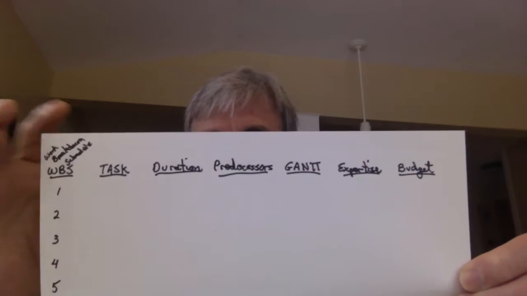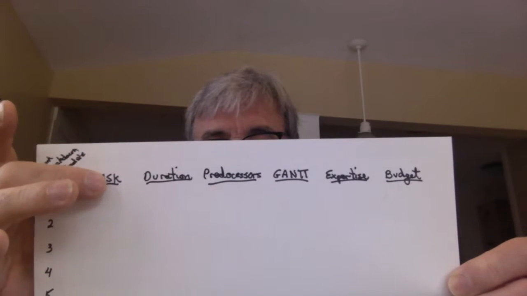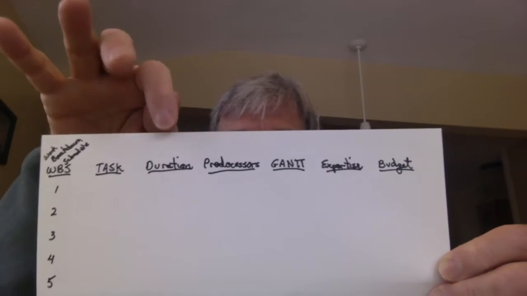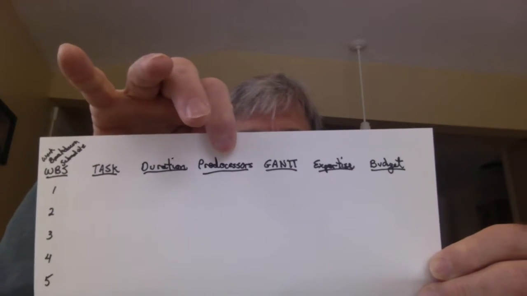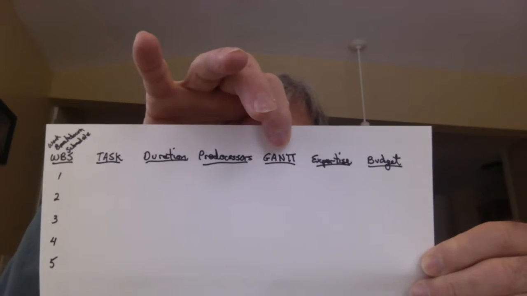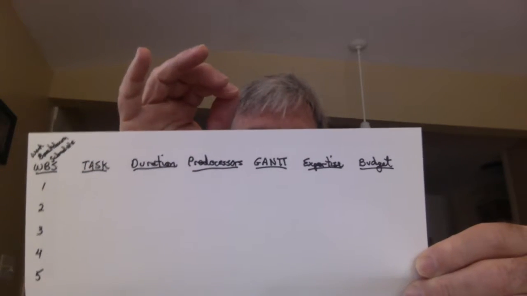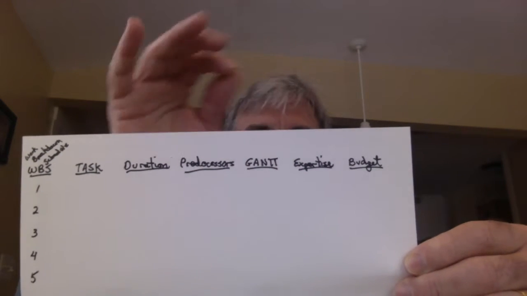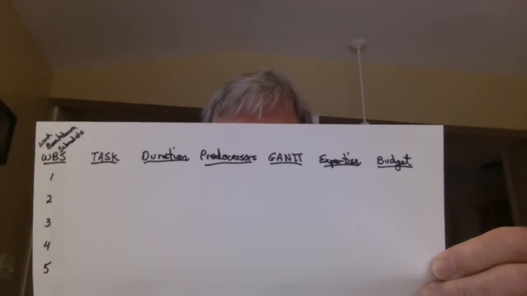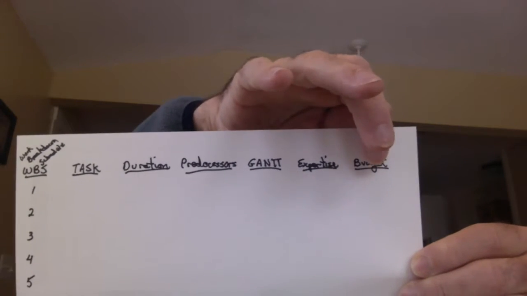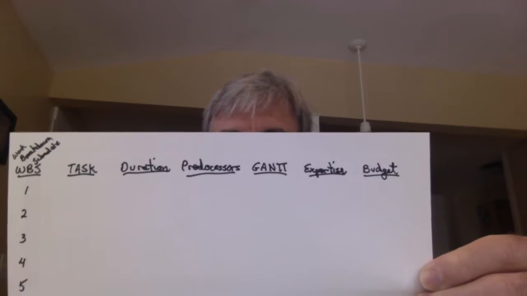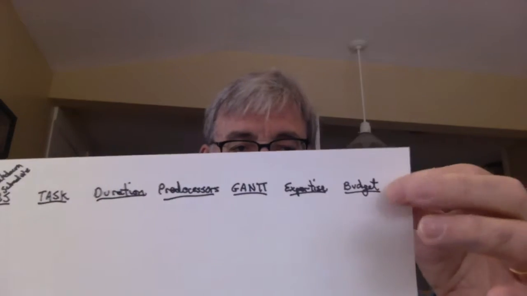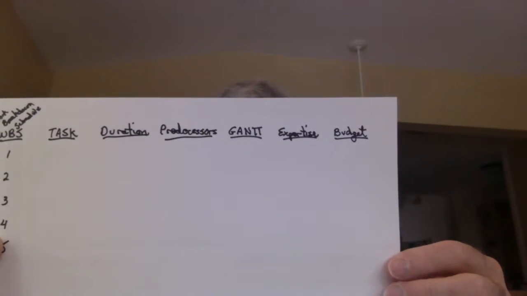Then we talk about the duration of them, the predecessors, thinking about the time schedule, the Gantt chart, and then the expertise. Who is it that has to do each of these tasks? And then finally, yes, you have to budget for them. This week's lecture focuses on that last column, dealing with the budget.